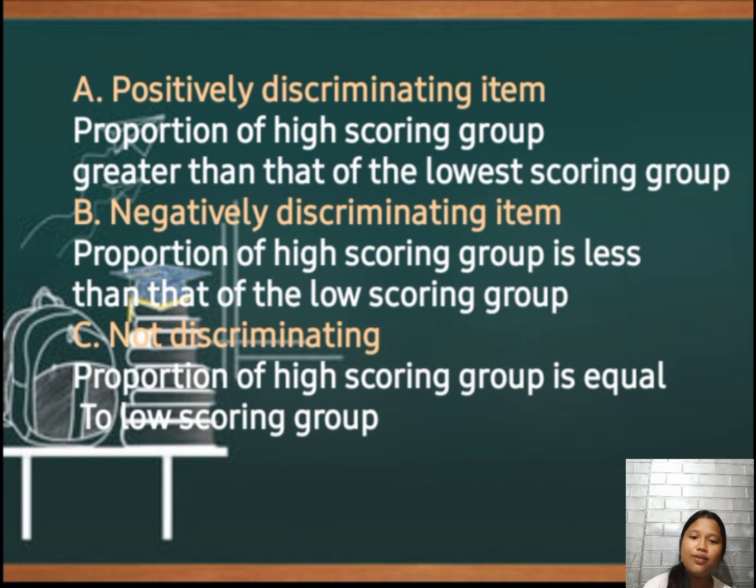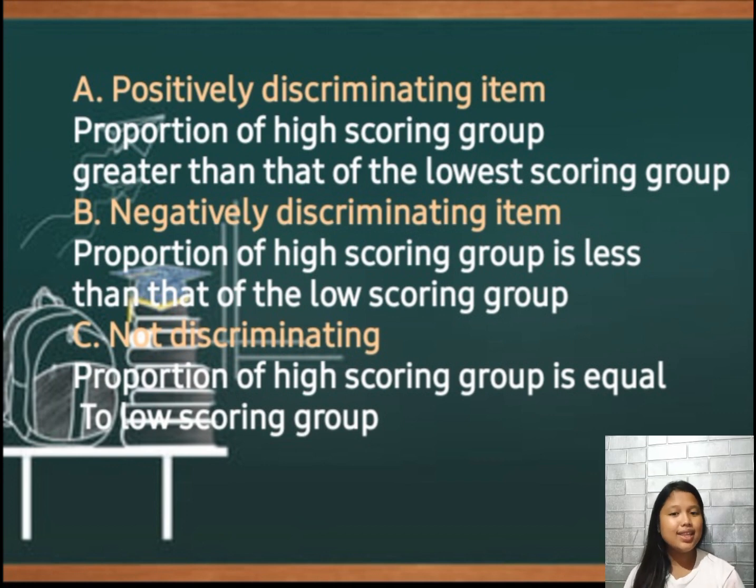Now let's move on to the second discriminating item, which is the negatively discriminating item. In contrast, negatively discriminating items are those where the students who perform poorly on the item tend to have higher overall test scores, compared to the students who perform well on the item, who tend to have lower test scores.